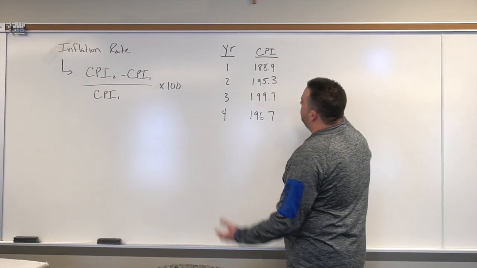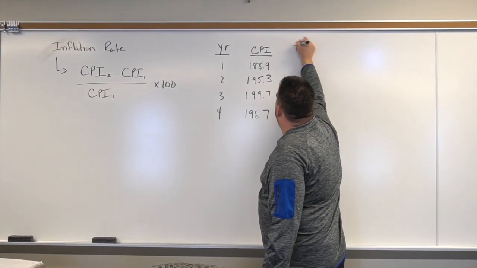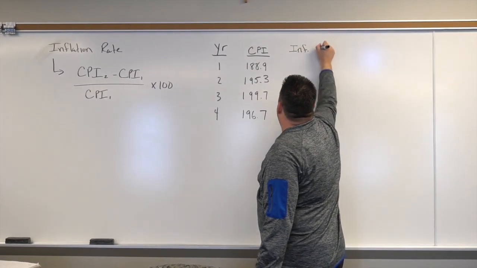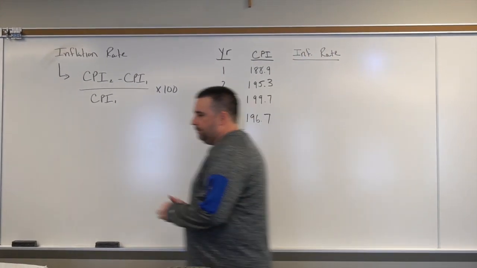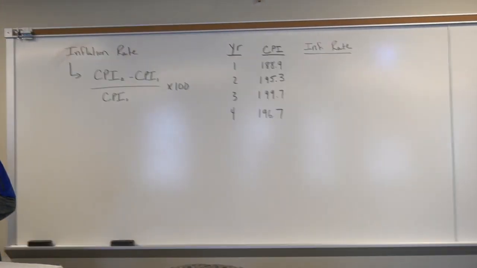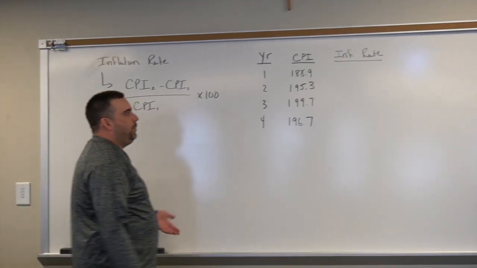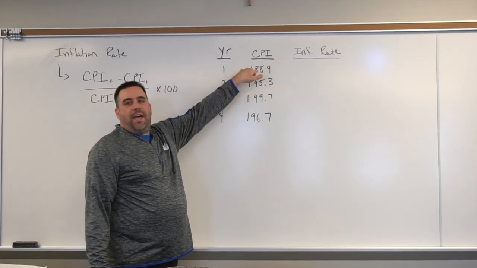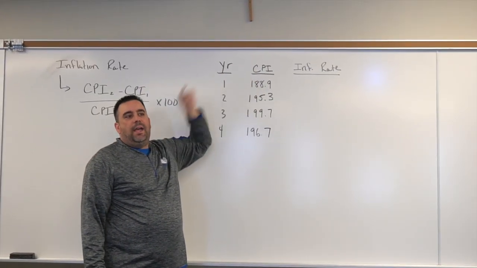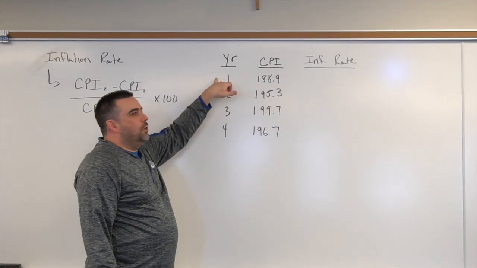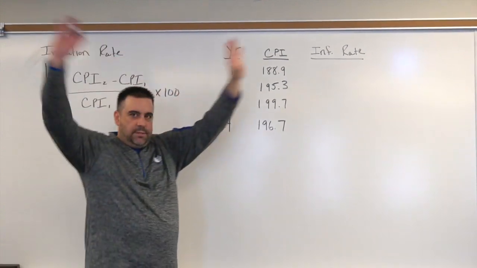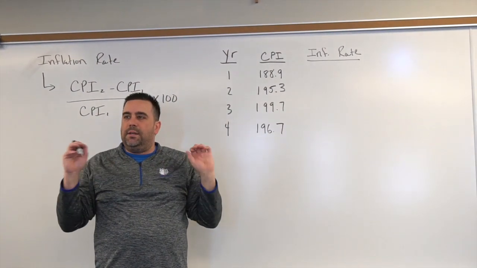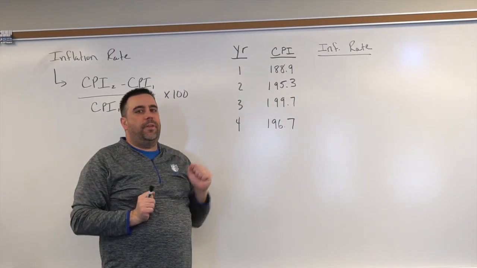And now, given this information, we can calculate inflation rates using the CPI. So first of all, just like every other growth rate formula that we've done, because I have to have a prior observation, I cannot do year 1. You will notice I don't have the base year on here anywhere. That's fine. We do not need the base year to find the inflation rate.